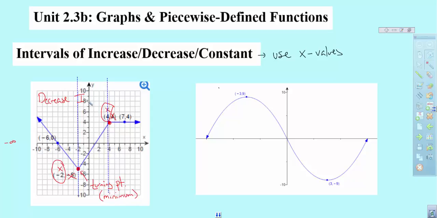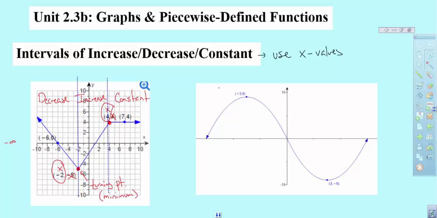I turn the corner and now my graph becomes an increasing function. So my graph is increasing, increasing, increasing until I get to this spot right here, which once again is considered another turning point. It's not necessarily a maximum because my graph doesn't go any higher or lower than that. It just stops right there. But then the next interval is what we call a constant interval because my graph doesn't change. It doesn't increase, it doesn't decrease, it's just constant.